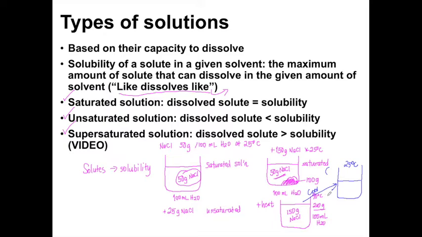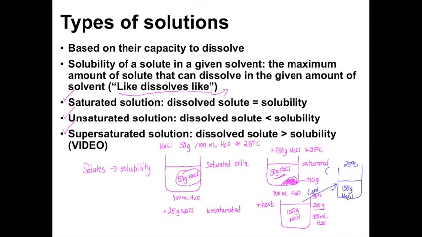We will avoid the excess 100 grams going out of the solution to become a solid. So in the process, we reach 25 degrees Celsius with 150 grams of sodium chloride dissolved in 100 ml of water. This is your supersaturated solution.